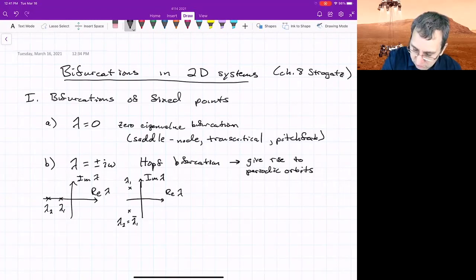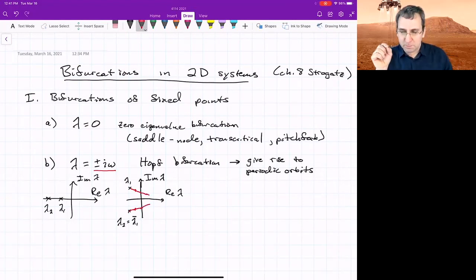And the bifurcation, let's think of this Hopf bifurcation, occurs when we've got things crossing the imaginary axis. So as we vary some parameter, let's say these things start moving towards the imaginary axis, and they'll do it symmetrically, and then they'll cross that axis, and then we'll have a bifurcation.